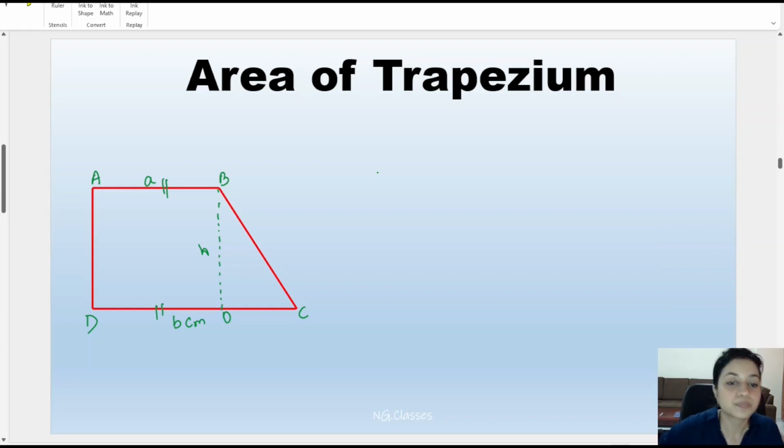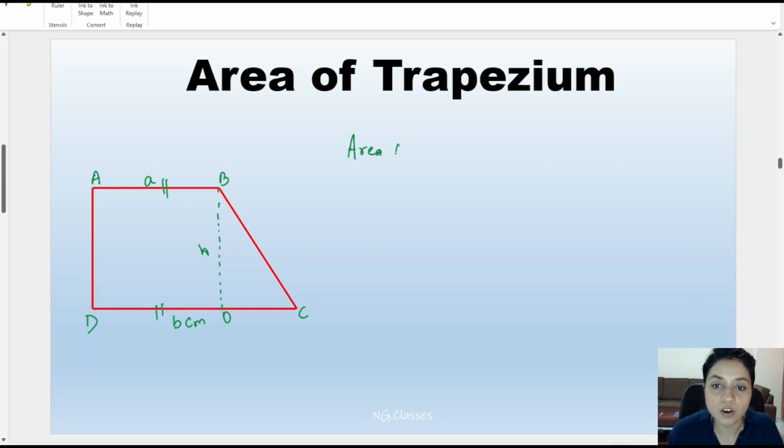So here we can see we are having one rectangle and one triangle. The name of the rectangle is ABOD and the name of the triangle is triangle BOC. Can you see it? So we will find the area of the rectangle. Then we will find the area of triangle BOC. When we add both the areas, then we will get the area of the trapezium. Let's do it.